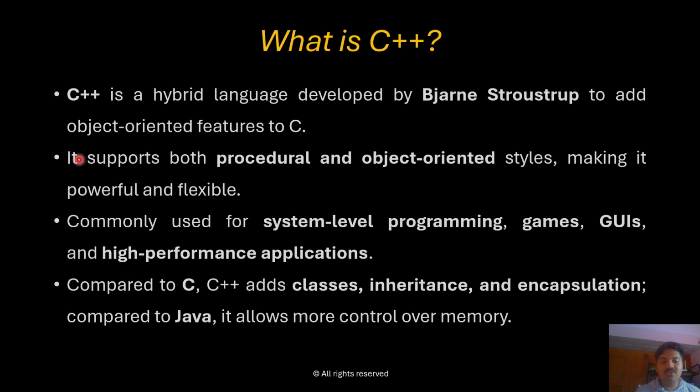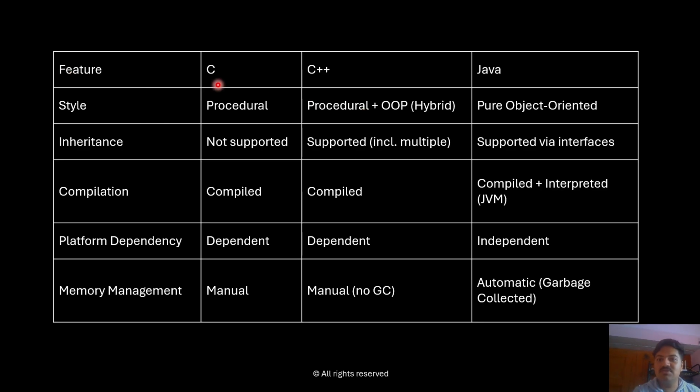So we will now go towards the difference between C, C++, and Java, so we can understand what C++ offers us better. Features: C, C++, and Java. Style. C is considered a procedural oriented programming language, whereas C++ is procedural plus object oriented. It is a hybrid language, whereas Java is considered a pure object oriented programming language.